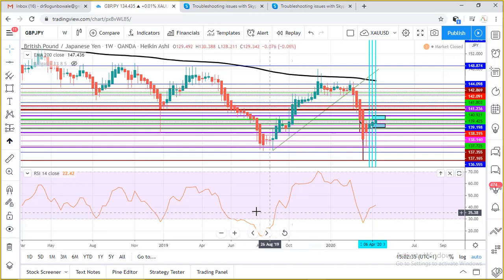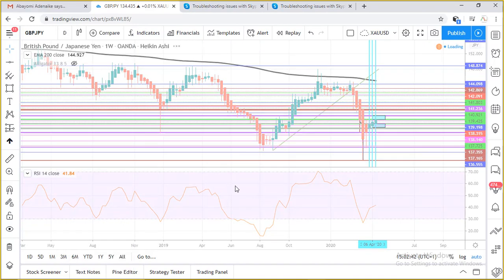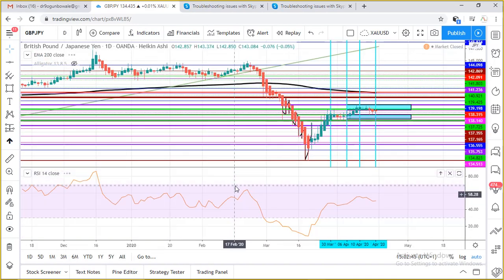That's the last thing. So let's switch to daily candle. I just need at least one to explain for you to get it very well. So all these are week 1, week 2, and week 3. So price moved up to this point from this brown to this level, and it did about 1,000 pips.